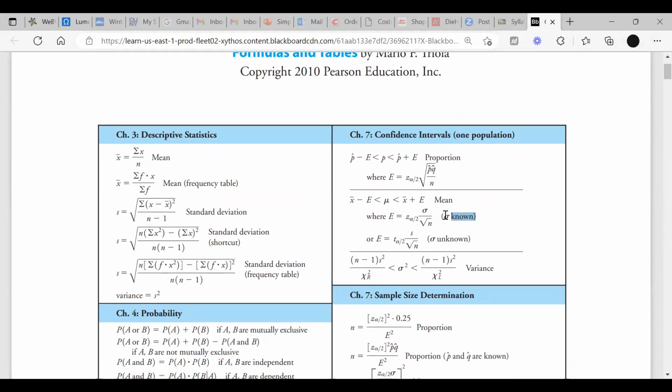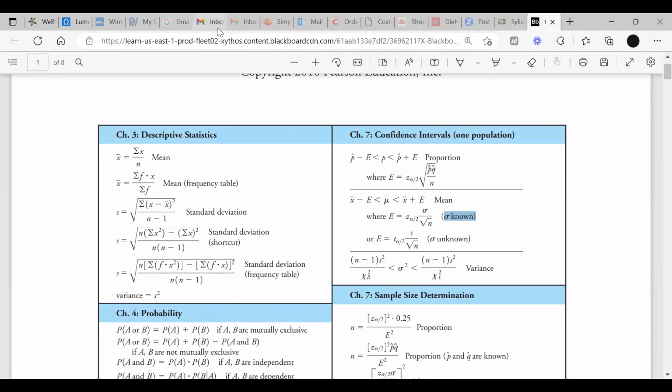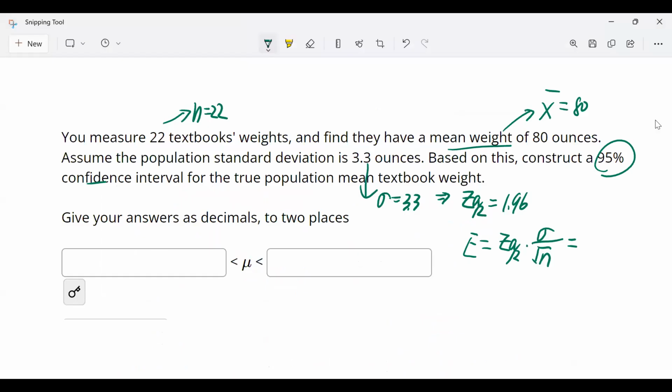When sigma is known, we use this formula, and then construct the 95% confidence interval using that triple inequality. So let's plug in the numbers: 1.96 times 3.3 over the square root of 22, and let's get the margin of error. Two decimal places is good enough, but if you keep more decimals that's okay. The system will accept more accurate answers, but not less accurate.